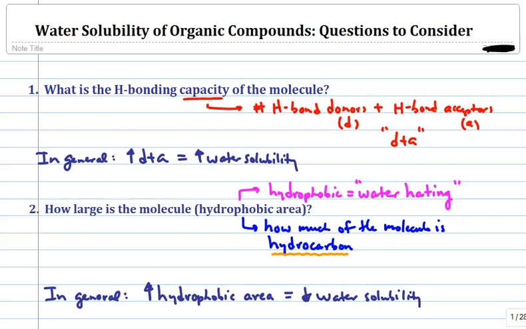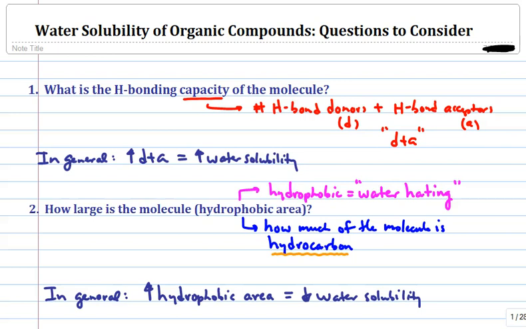And again, I think that makes sense. The more water-hating the molecule is, the less soluble in water it will be. And so you have these two guiding rules, and typically consideration of both of these will lead you to an answer in terms of which molecule is more soluble in water.